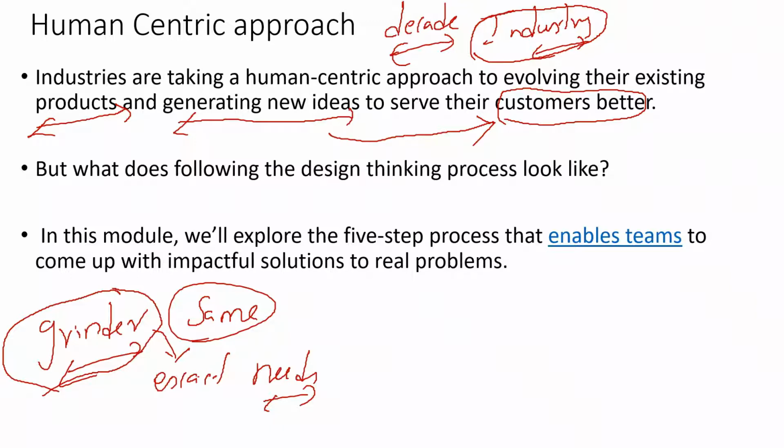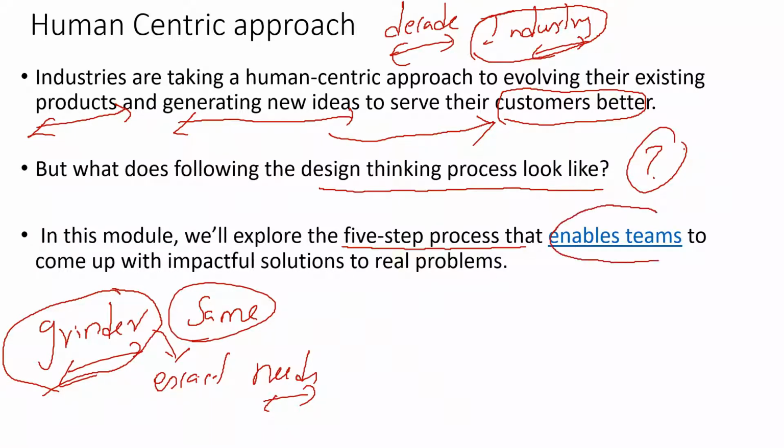But how the design thinking process will look like, that's a $1,000,000 question. So in this particular module, we are going to explore the 5 important steps that will enable the industrial team, or else the team which is involved in the marketing strategy, to come up with impactful solutions in real-time situations, right? This will be helpful for you as well while you are going for the company.